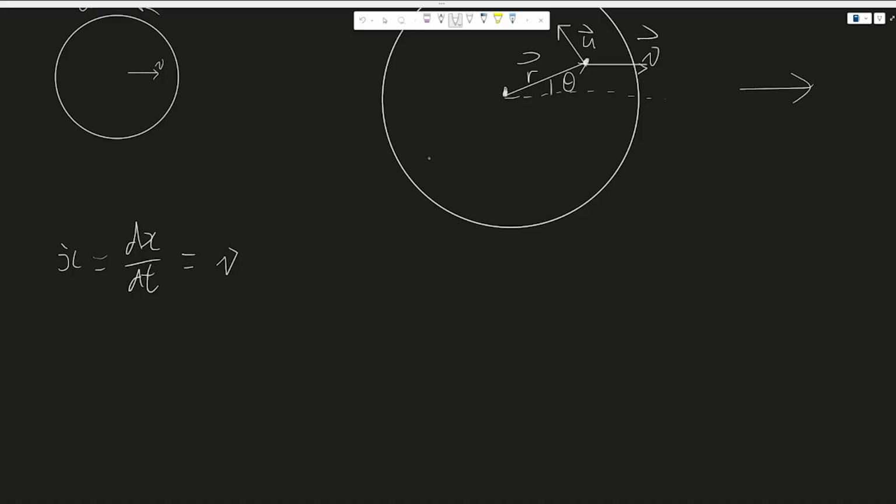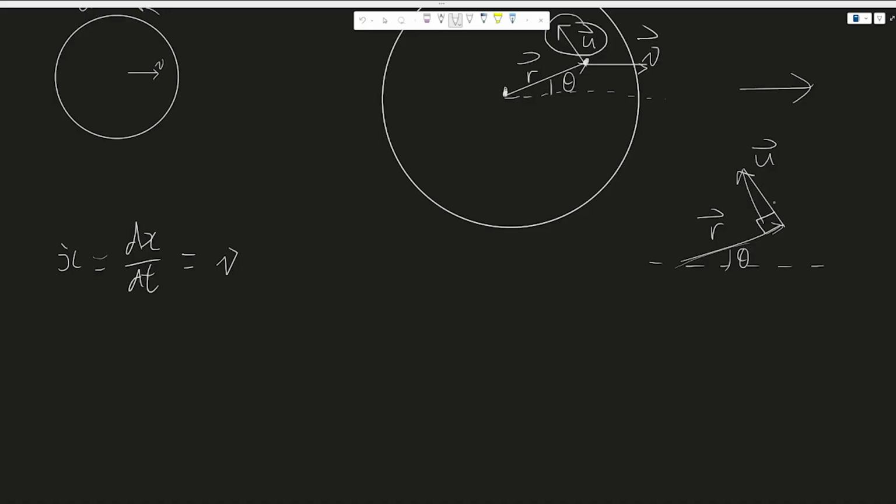And what about this velocity here, u? If this is r, this is theta, and then you have u here. We know that this must be perpendicular, because this is the position vector and this is the tangential velocity of the turntable. So how can we decompose this?